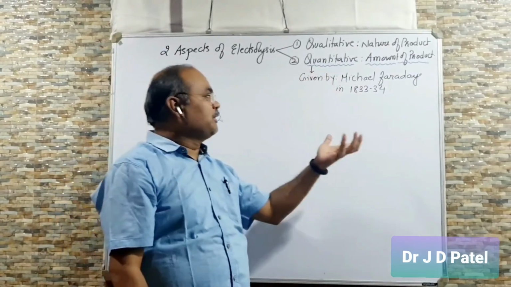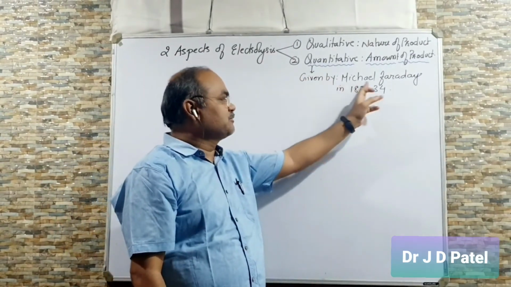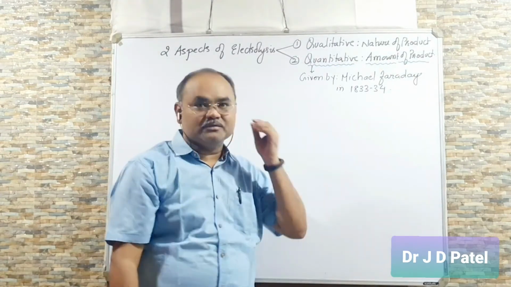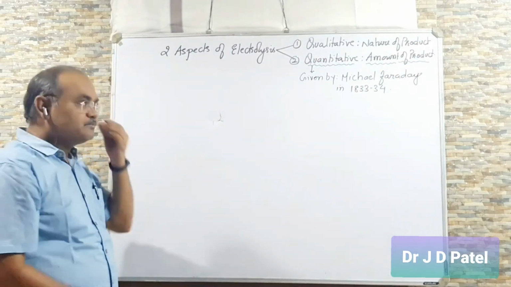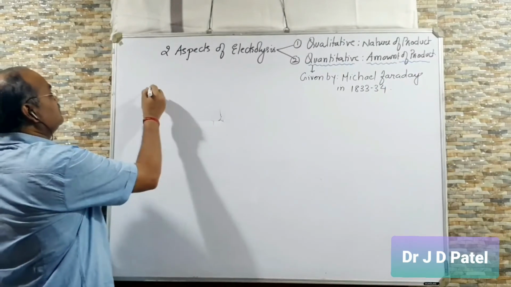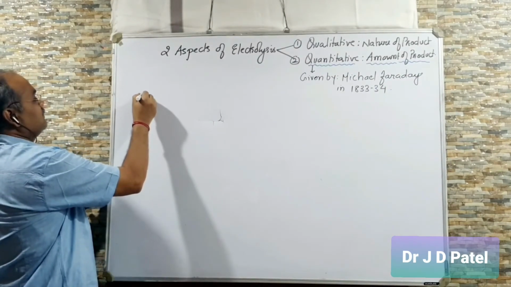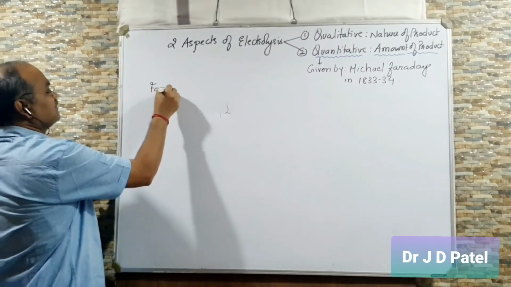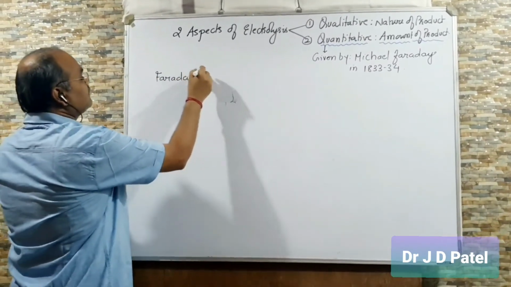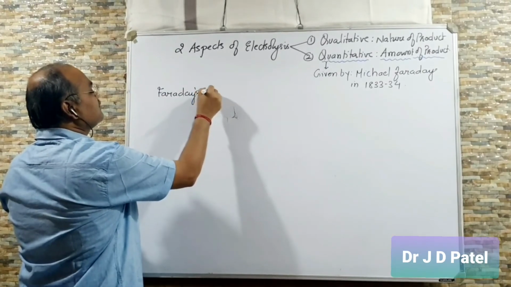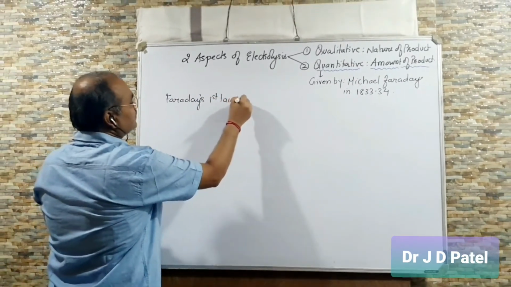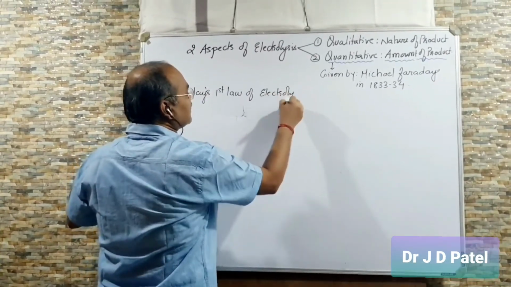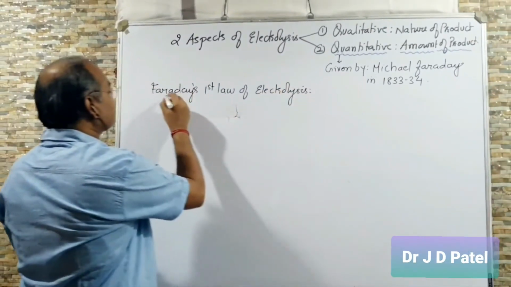So the quantitative aspect was given by scientist Michael Faraday in the year 1833 to 34. Now, Faraday's first law of electrolysis.